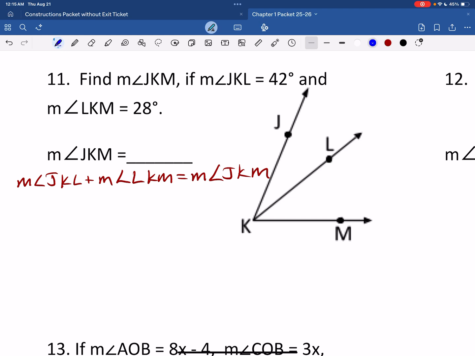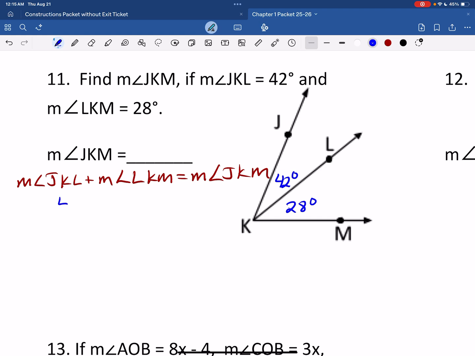All right, now, right here it says JKL is 42, so I'm going to put 42 degrees in there. And then it says that LKM is 28, so I'm going to put 28 degrees in there.